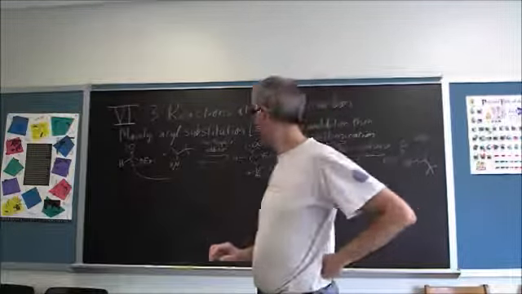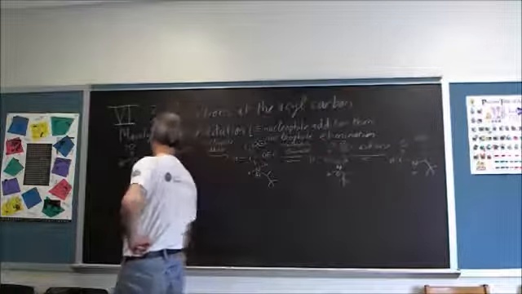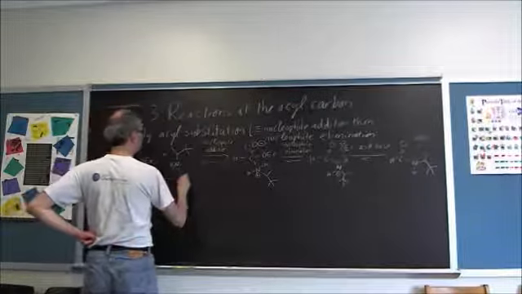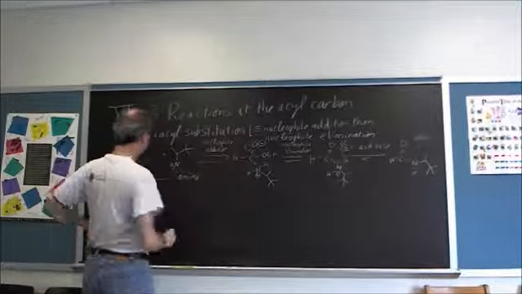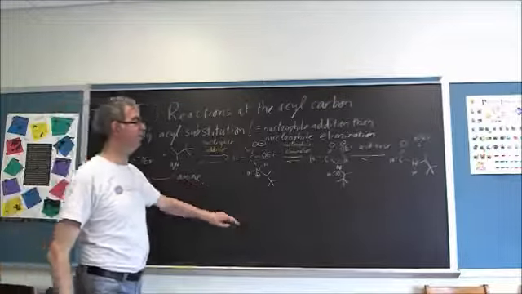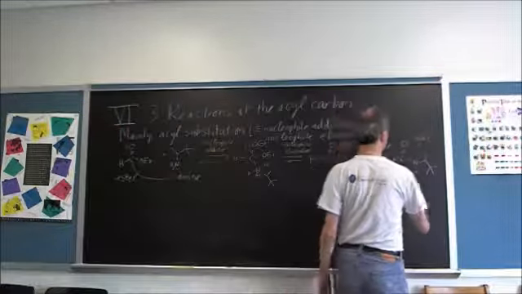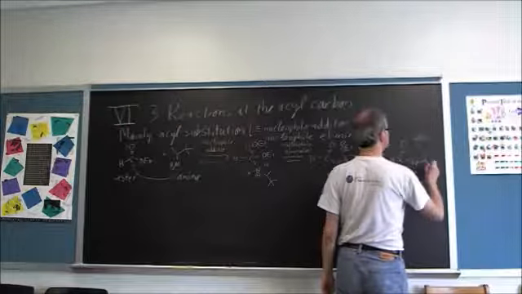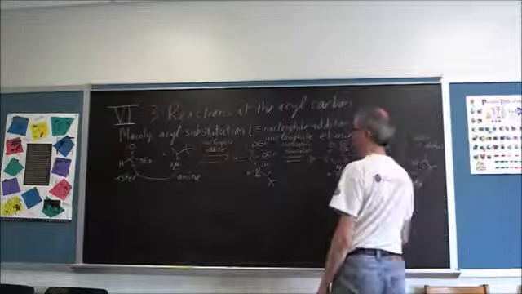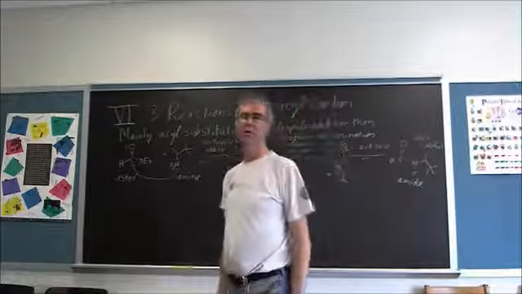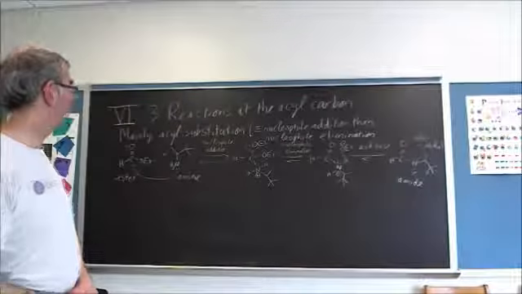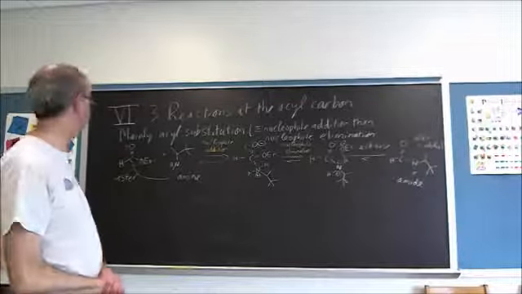The example I've shown is for an ester and an amine reacting to form an amide, and an alcohol. So the amine comes in and in effect displaces the alcohol. That's the substitution that's going on.